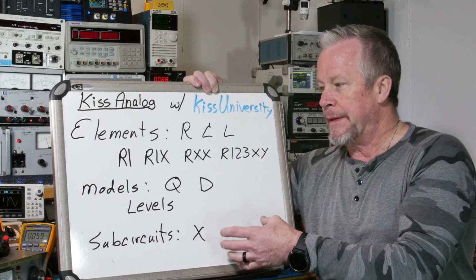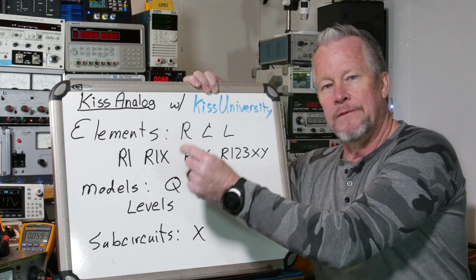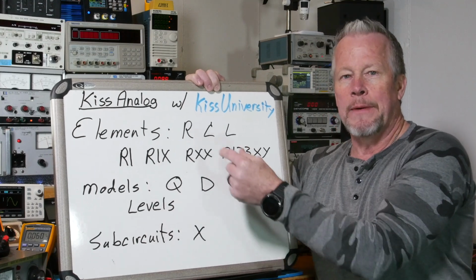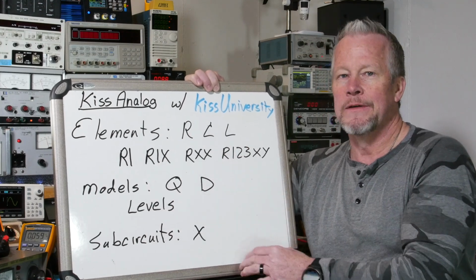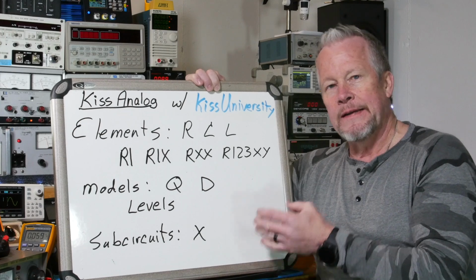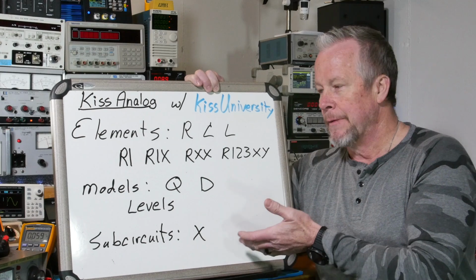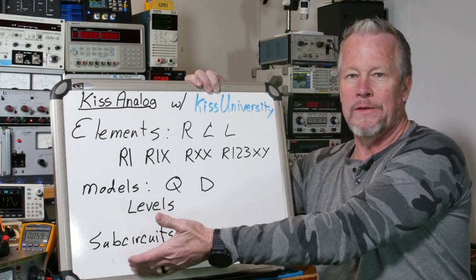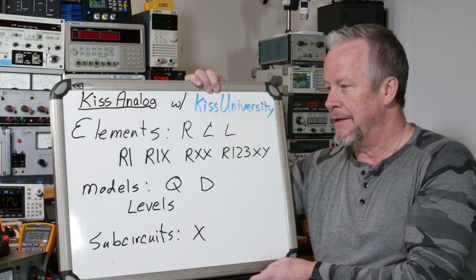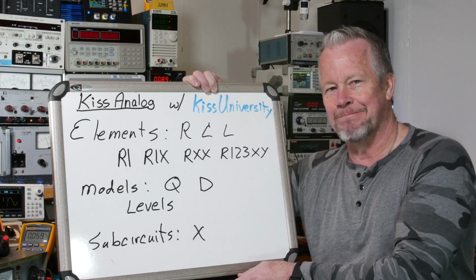And dependent would be like, okay, if I have this voltage here, I'm going to have X voltage here. Or you can have dependent and independent current sources. Okay, so I should have put that as another one of the main parts of the board. I just thought of that as I'm sitting here.